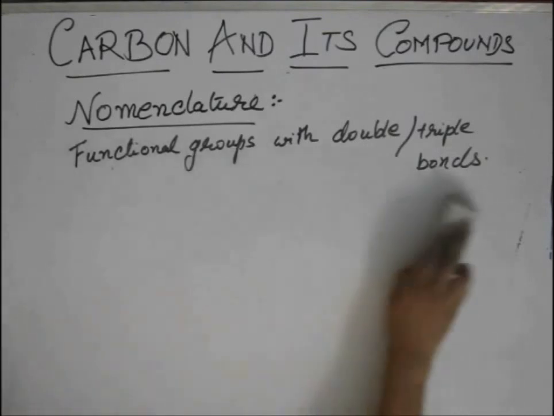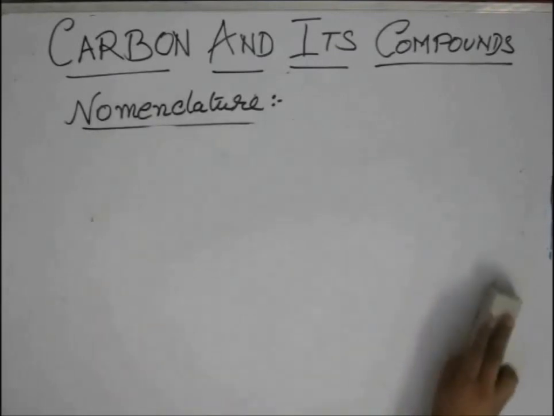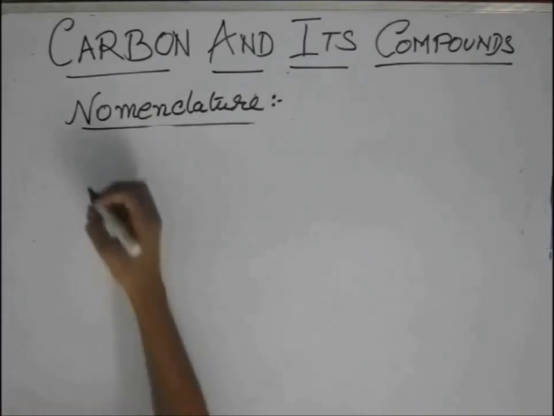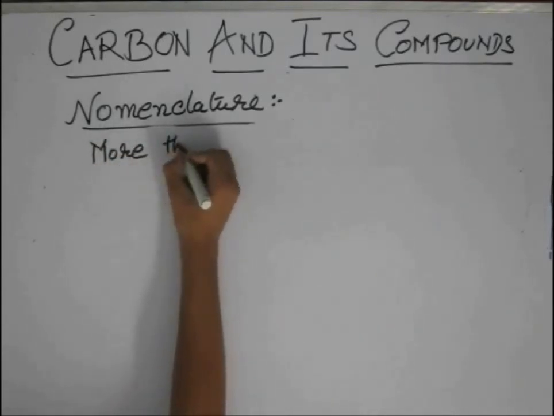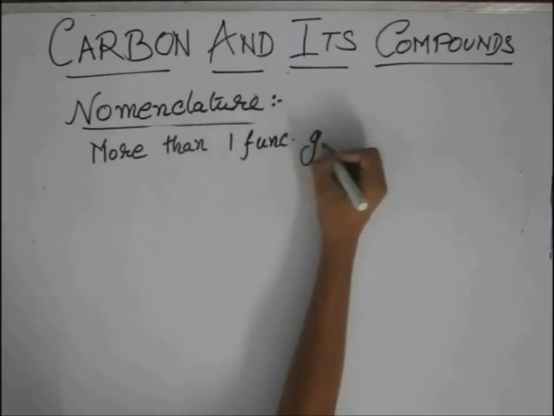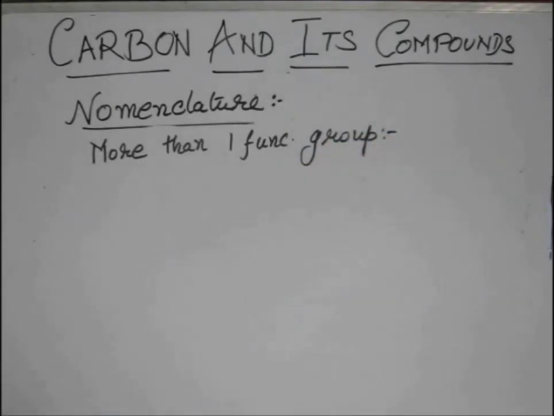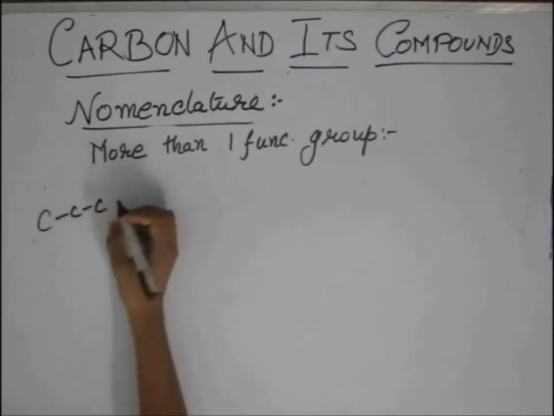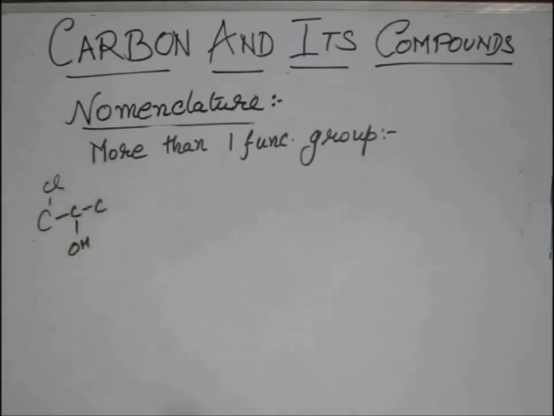Now, if we have more than one functional group, like you have a skeleton and you have an OH over here and a chlorine over here, what can be the possible names?